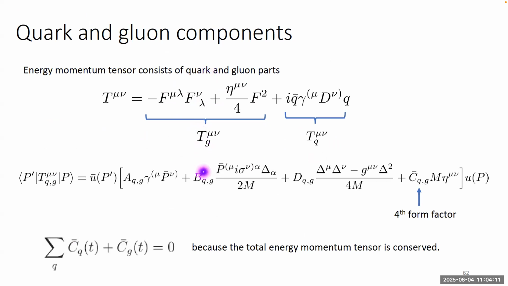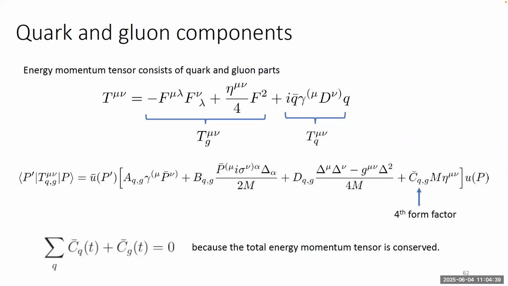Then once you do that, you basically get the same thing, except that you now have a subscript Q and G, which is quarks and gluons. But there is an additional form factor, which is commonly called C bar. This was absent in the total energy momentum tensor because the total energy momentum tensor is conserved, whereas as soon as you decompose into quarks and gluons, it is not conserved.